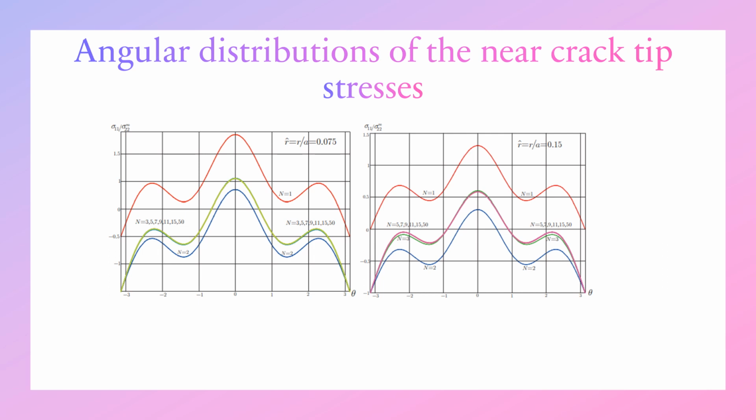One can see that we can keep just three terms in the asymptotic expansion, and increasing the distance from the crack tip results in increasing the number of terms in the truncated Williams series expansion.